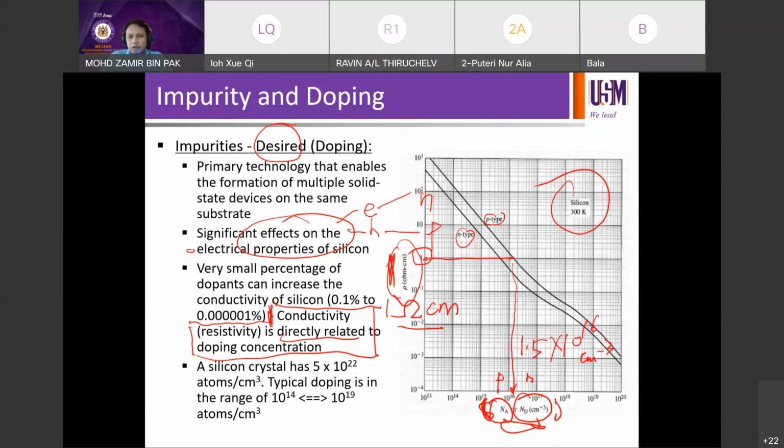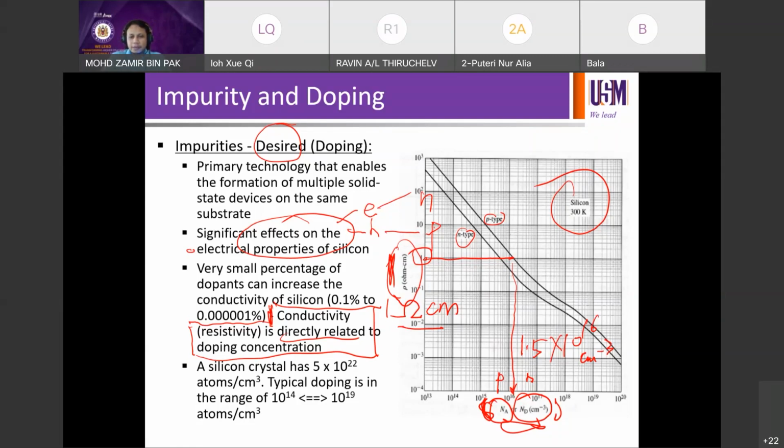Okay, so now let's test. What if I give you a wafer with resistivity of 0.1 ohm cm, n-type? So what is the doping level that you have in the wafer?